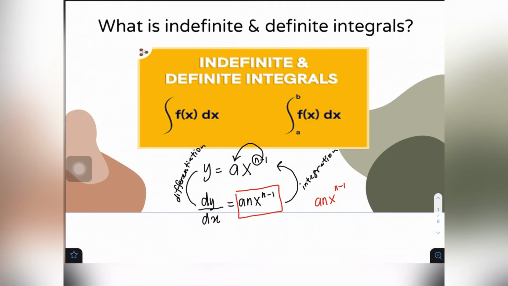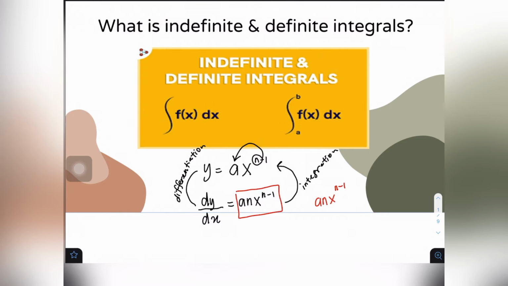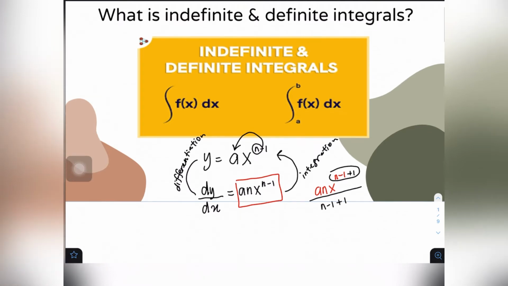The first step is you need to plus 1 the power of x, and you need to divide by the new power. So the new power is n minus 1 plus 1. Class, if you see, minus 1 plus 1 is equal to 0, so this is eliminated.